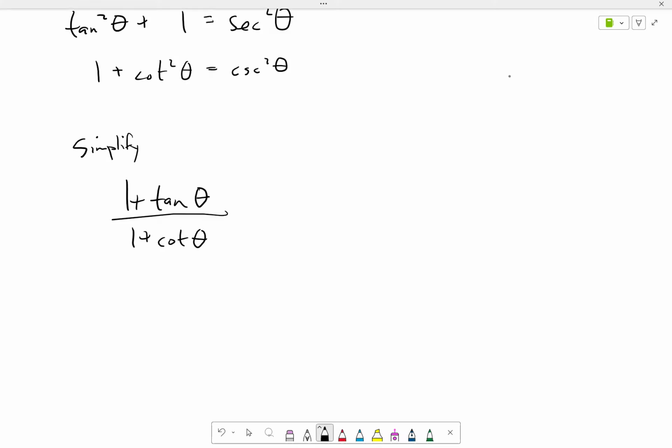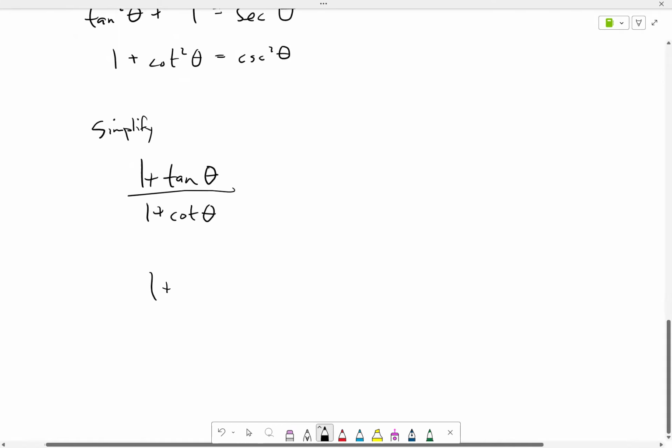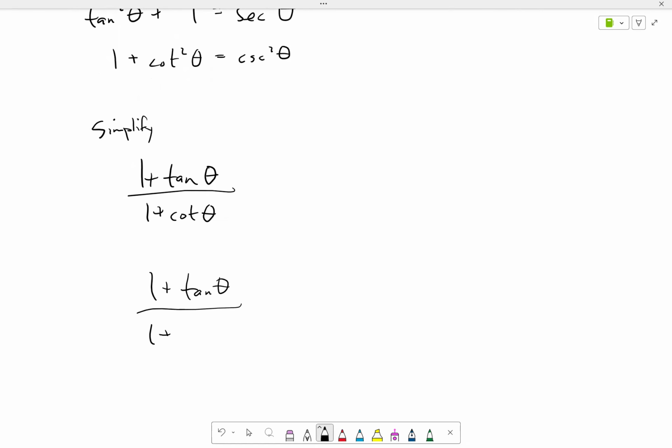This is just in free-form notes. Can I give you a direction? Let's keep tangent, and instead of cotangent, let's write this as 1 plus tangent theta over 1 plus, instead of cotangent, I'll use the reciprocal. Okay, go ahead and simplify.